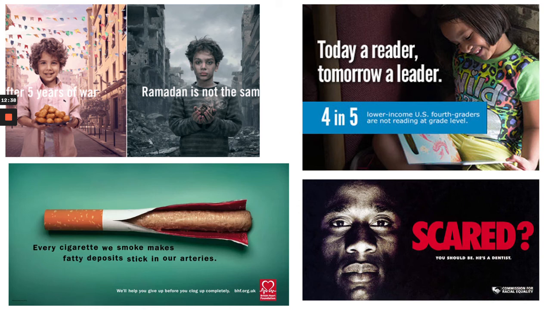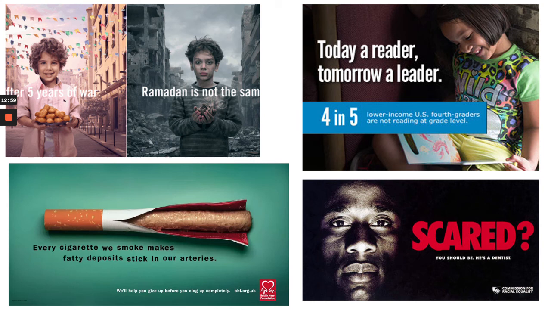Top right is an American campaign to get more children reading, which is why it says, today a reader, tomorrow a leader. We've got a nice statistic there, which helps their campaign to encourage children and parents to read more.